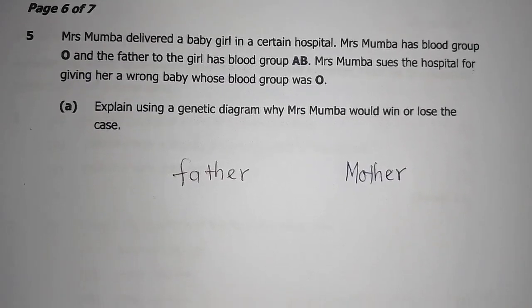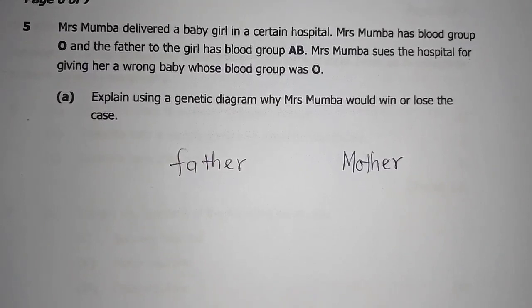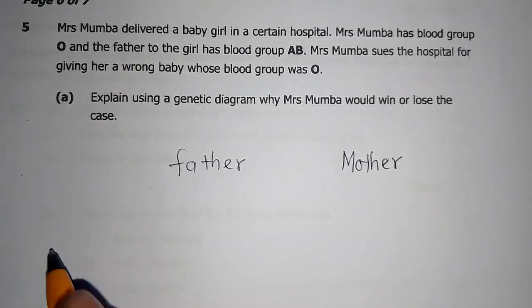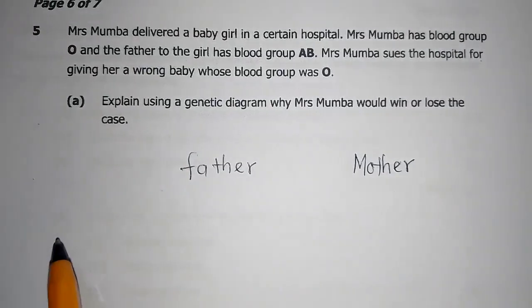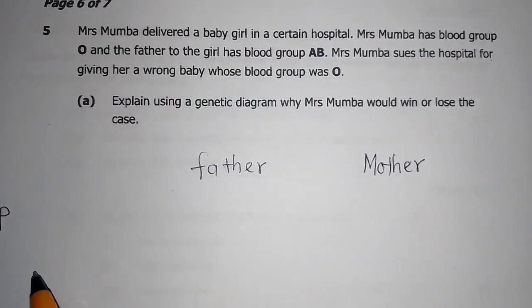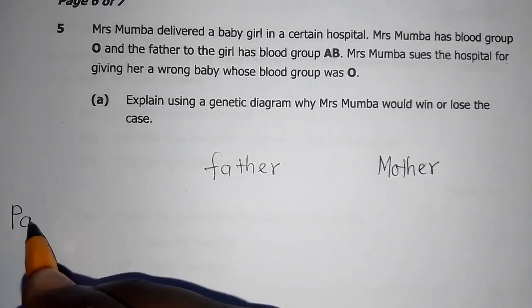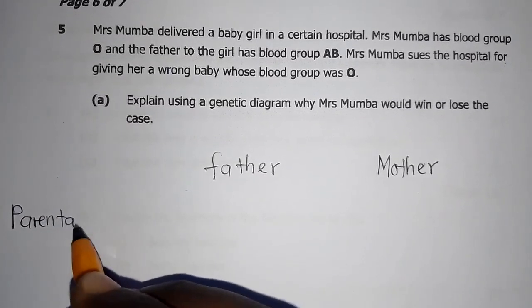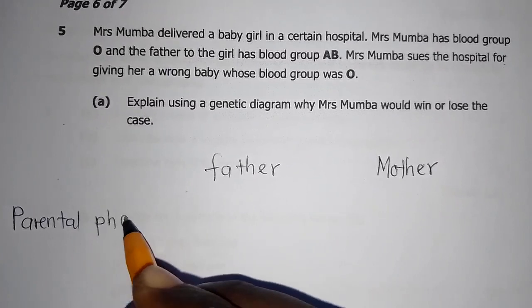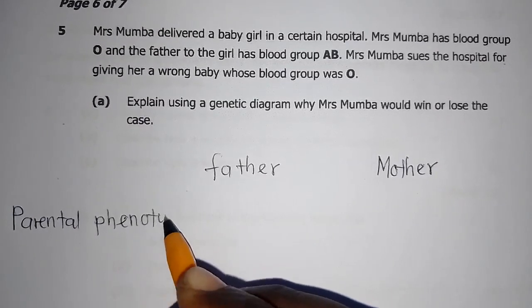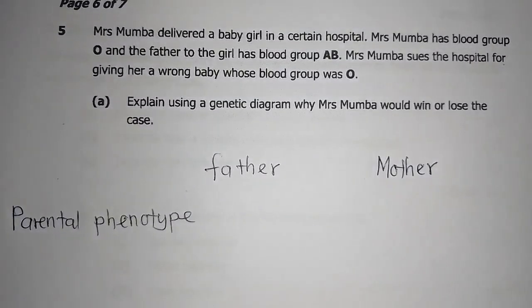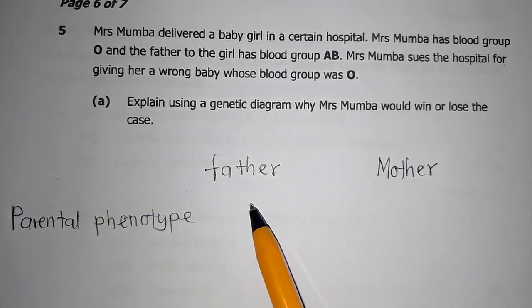Then the first thing that you need to do is start with the parental phenotype. You know that the phenotype is the outward appearance. So I'm going to write parental phenotype here so that we follow properly. What is the parental phenotype of the father?